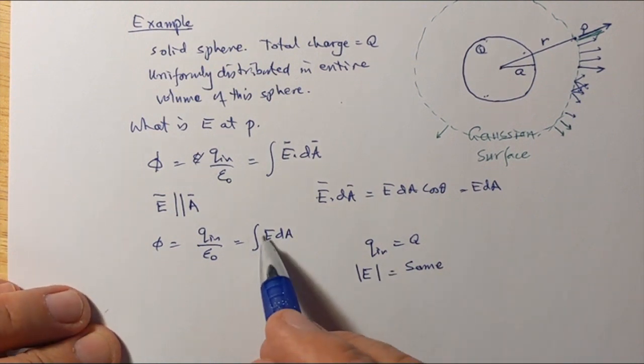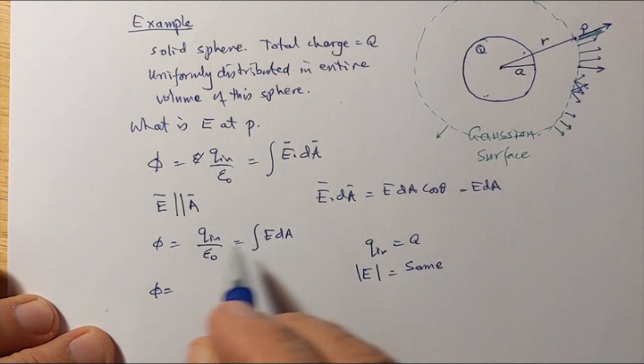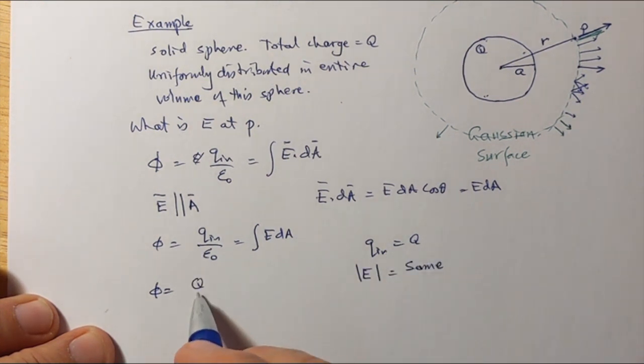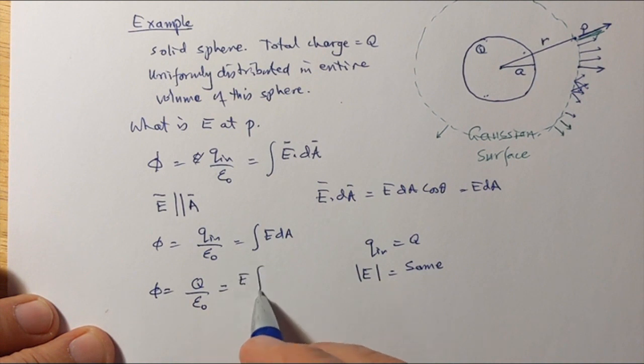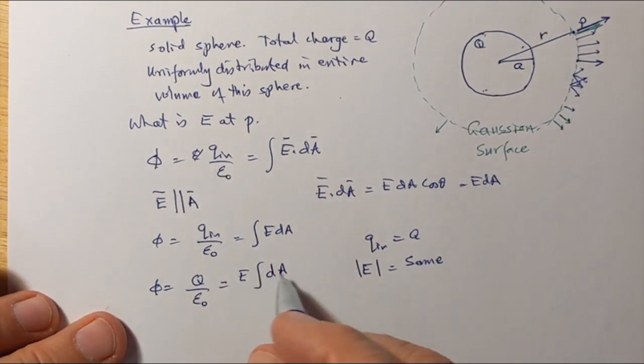And because it's the same, we can take it outside. So we'll replace the Q in with capital Q, and we will take out the E, and we have an integral of dA. So we need to integrate dA over the Gaussian surface.